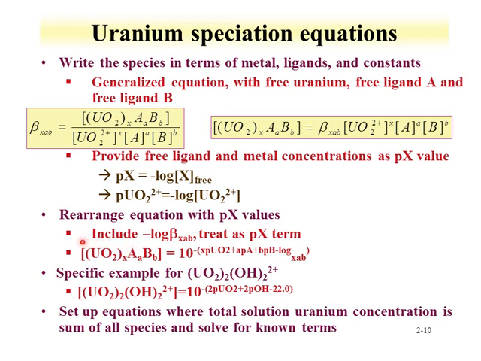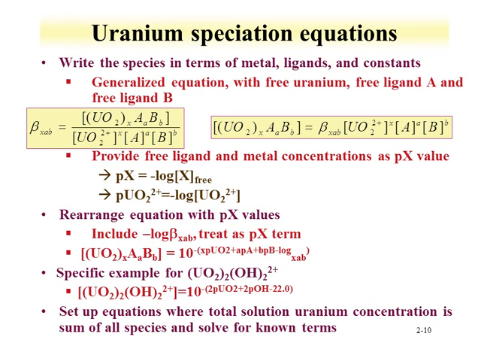And what this becomes is that the concentration of the species is just equal to 10 to the negative x p metal, so p uranium, plus a pA plus b pB minus log of the complexation constant.